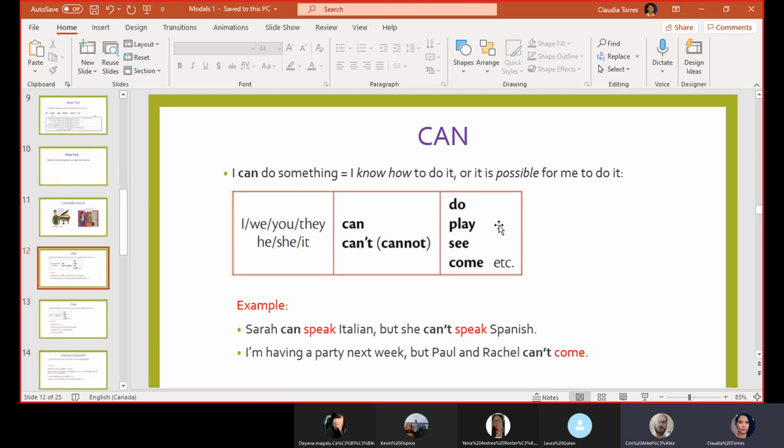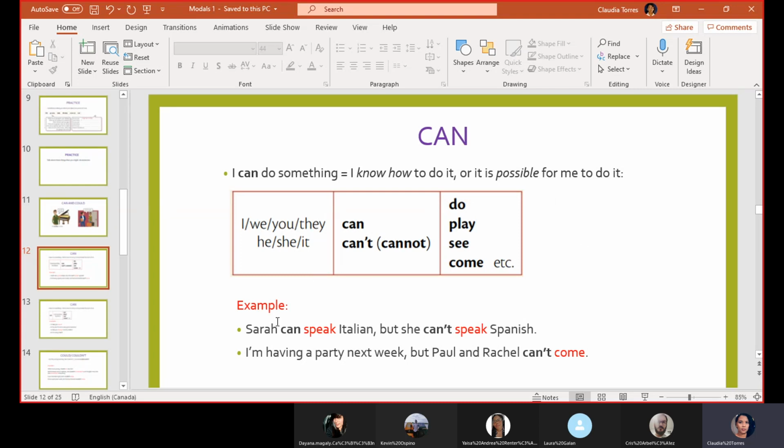So for example, can is when you know how to do something, or when it is possible for you to do it. So it expresses ability and possibility, but this possibility is more related to an action.